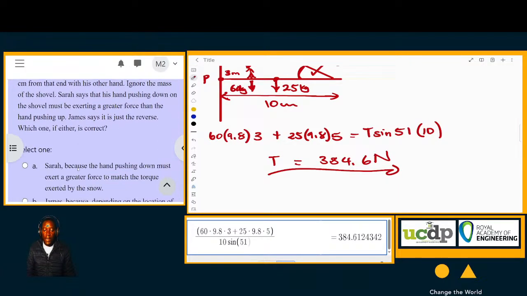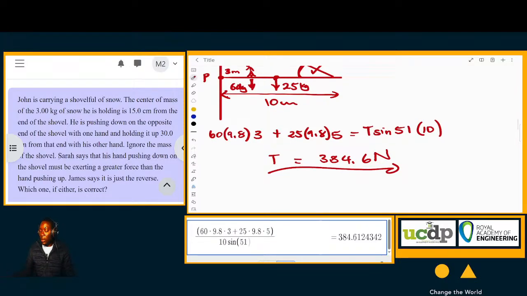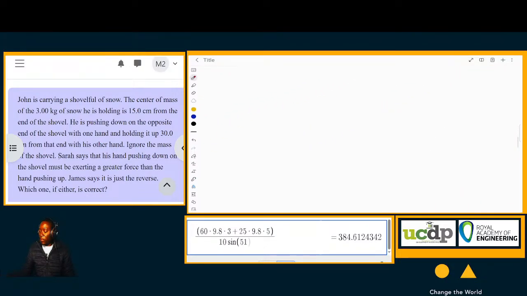And the last part of this one: John is carrying a shovel full of snow.